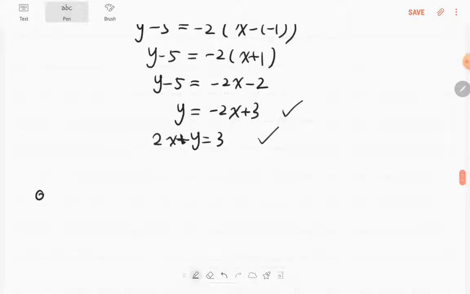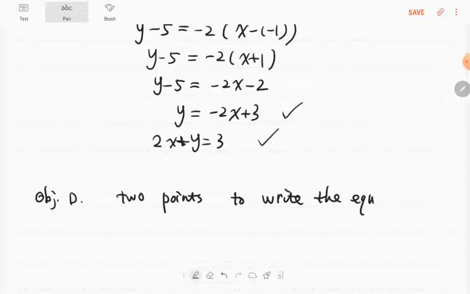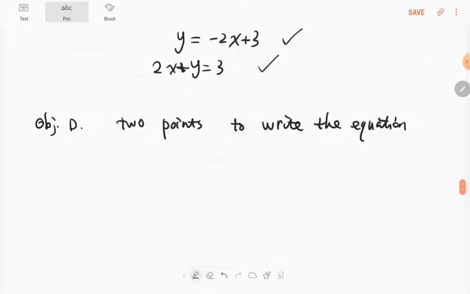So the last objective is we only have 2 points. Use 2 points to write the equation.